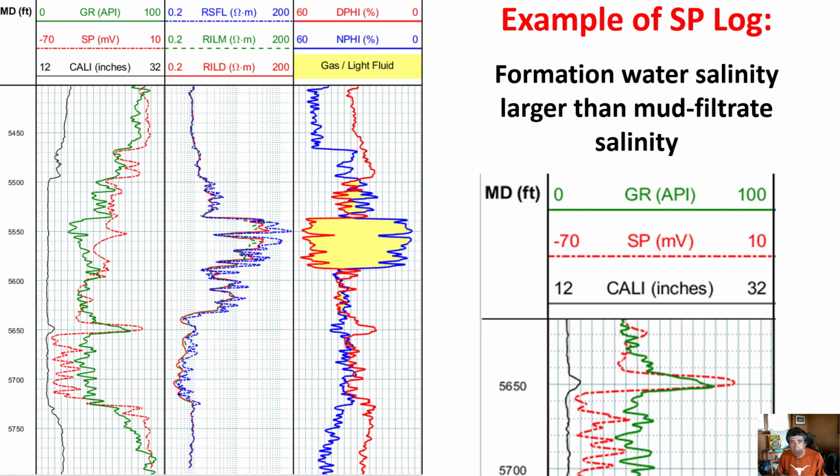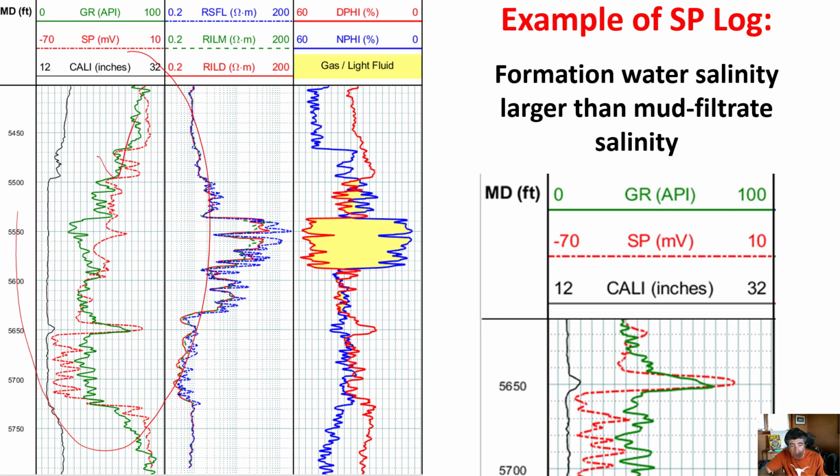Now, how do spontaneous potential logs look? Here's an example on pages 1 to 3 of the compendium part 2. This is an example from the Gulf of Mexico that I've been using repeatedly in these presentations. This track has the spontaneous potential log. That's the red one.